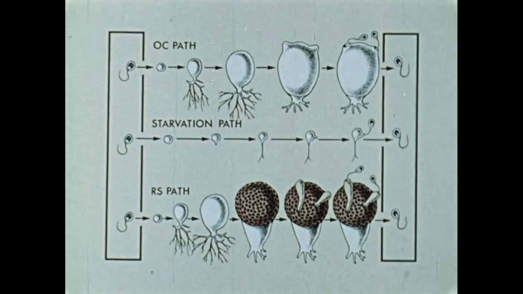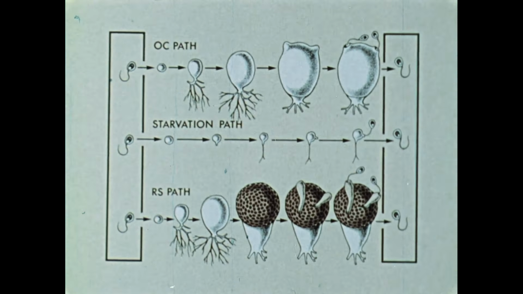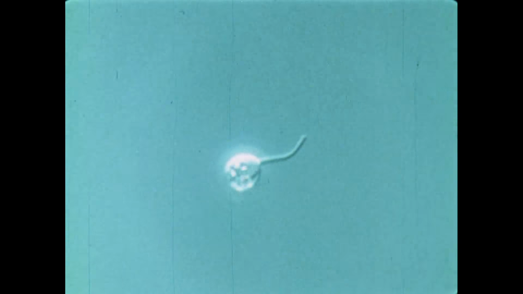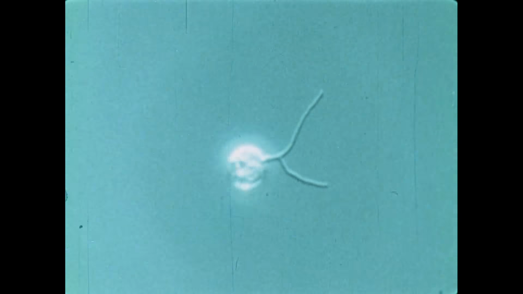On most media, a spore will develop into an ordinary colorless plant. After spore germination, developing rhizoids anchor the single-celled plant to its substratum.